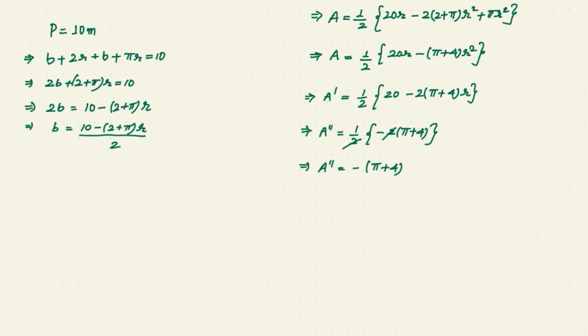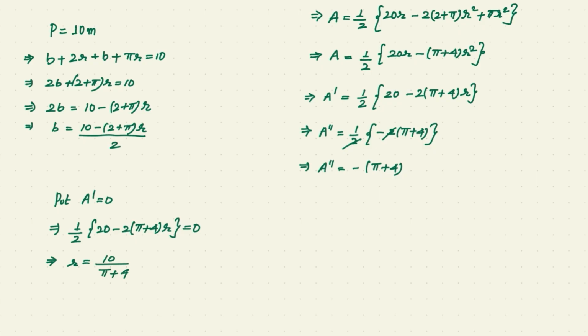Now to get the critical point, let us put A dash equals to 0. Then I'll have 1 by 2 into (20 minus 2 into (pi plus 4) r) equals to 0. So from here, if you simplify and try to get the value of r, then you'll get r equals to 10 by (pi plus 4).